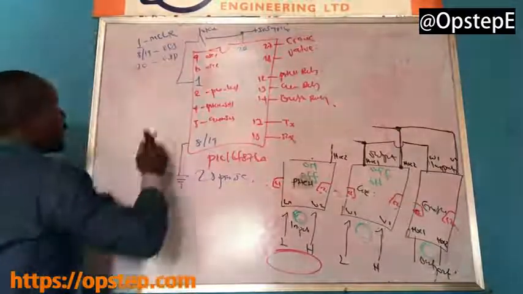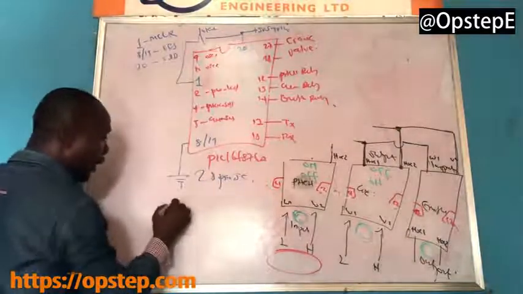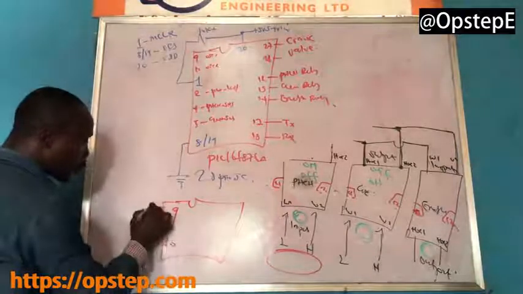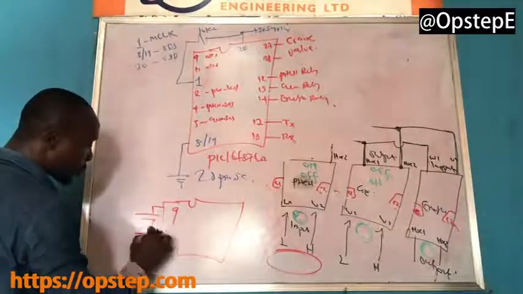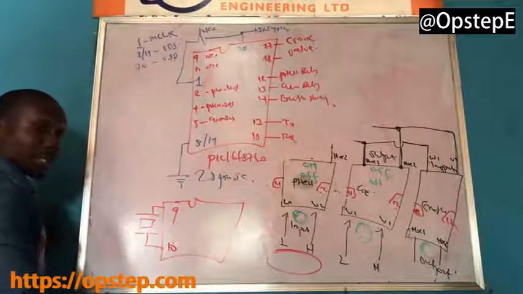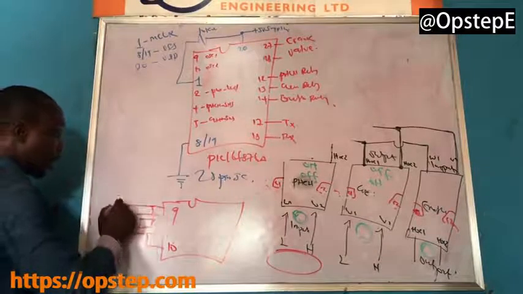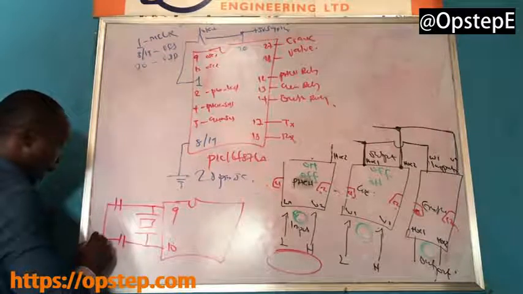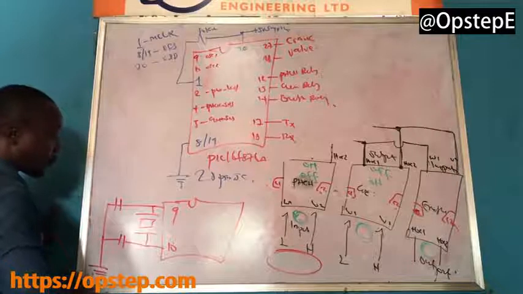So, for instance, assume that this is your microcontroller, this is your pin 9 and your pin 10. You have your crystal oscillator and capacitor connected to your pin 9 and your pin 10. Are you following? On this end, you have a starting capacitor here, and that capacitor connected here, and this comes to the negative of the supply.